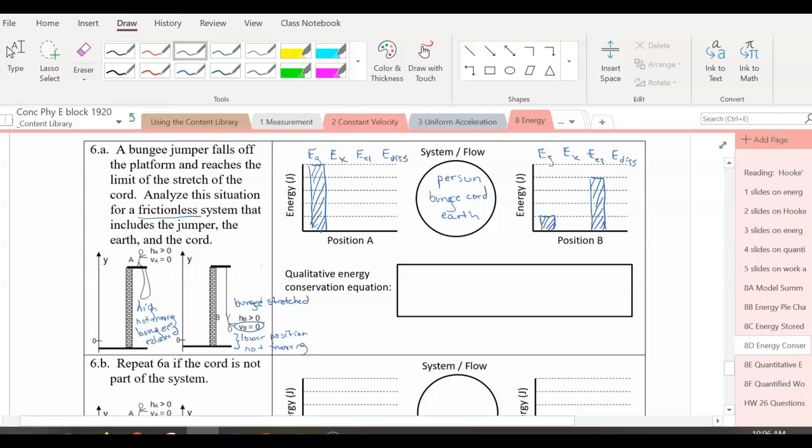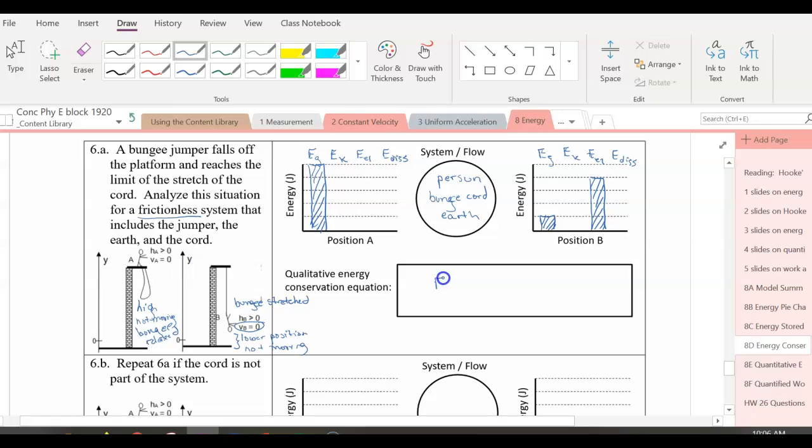This is an isolated system. There were no interactions with other systems, right? So there was no work that transferred energy either into or out of our system. So the energy I started with has to equal the amount of energy that I ended with. And so the conservation equation says that EG is on both sides of the equation.